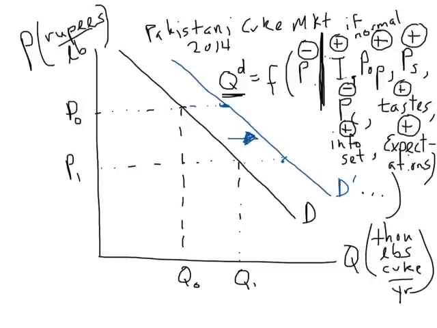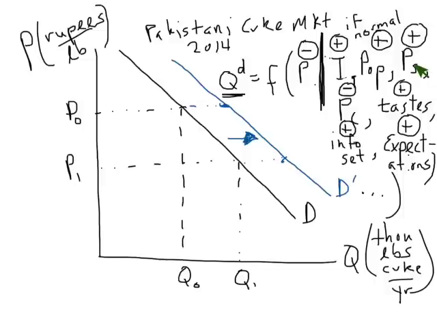If any one of these things changes, the whole demand function is going to change. If it's something that's going to increase demand at any given price, the whole curve is going to shift right. Let's think about a fall in the price of radishes.